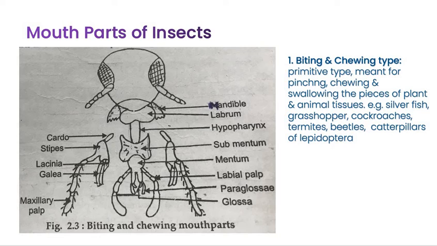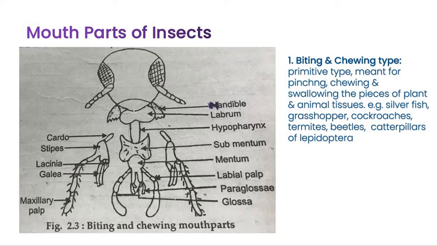So these mouthparts are the organs of the insect concerned with the feeding mechanism. The first one is the unpaired labrum. Unpaired means the labrum is single, not in a pair.